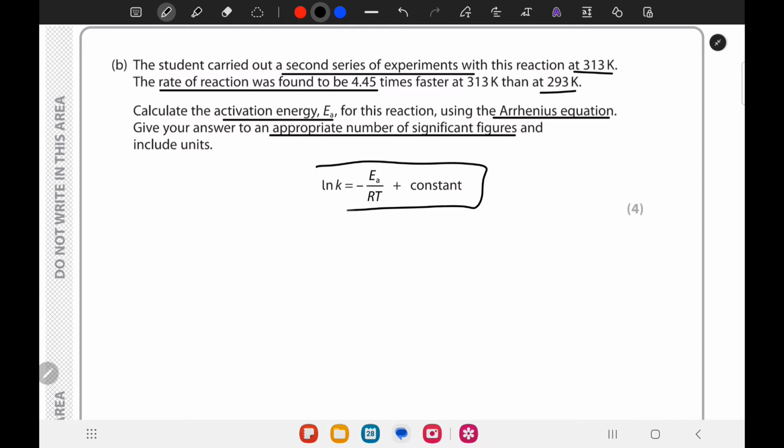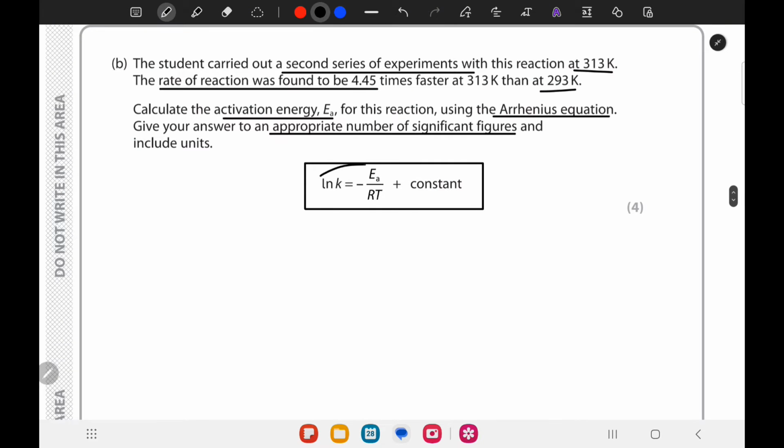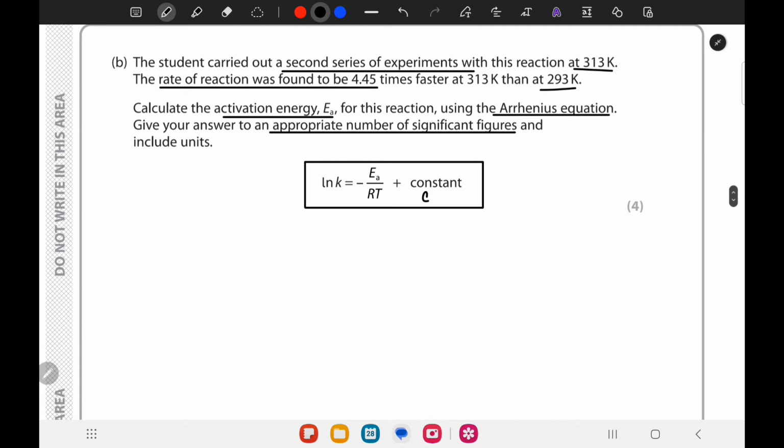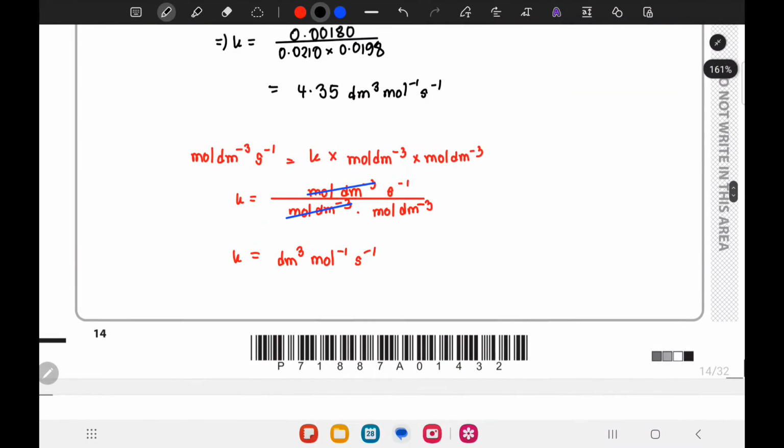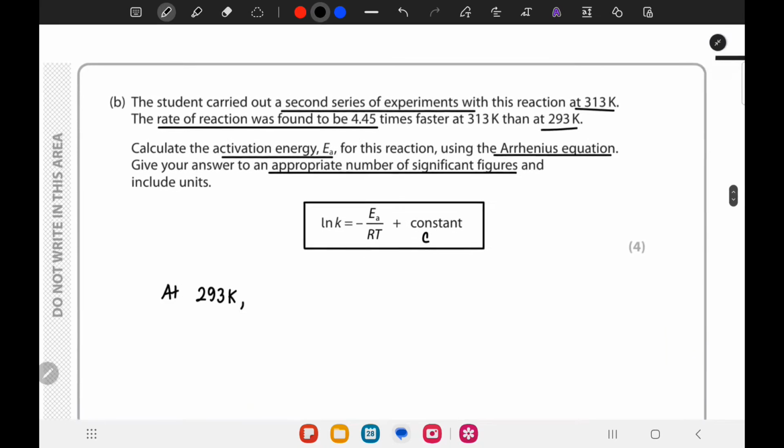So this is the Arrhenius equation where ln K, where K is the rate constant, and now we have a constant on the other side. This remains constant no matter what the other values are. We can write this down as C. Now at 293 Kelvin, we know the value of K is this over here, 4.35.